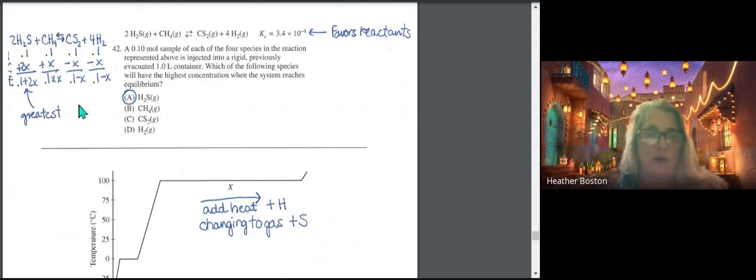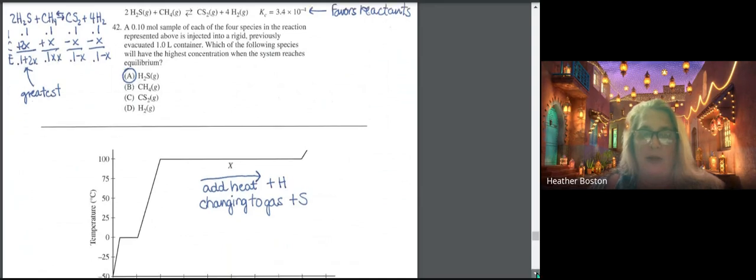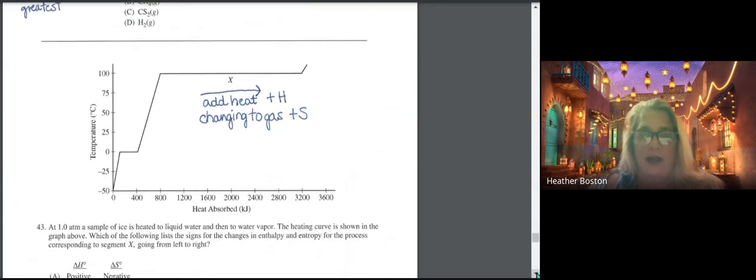So we know that the products are going to get negatives and the reactants are going to get positives. So you can see that 0.1 plus 2x must be the largest, because the products are going to be less than 0.1, and CH4 is actually 0.1 plus 1x and not 2x.